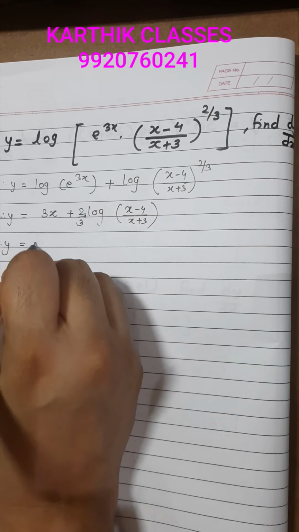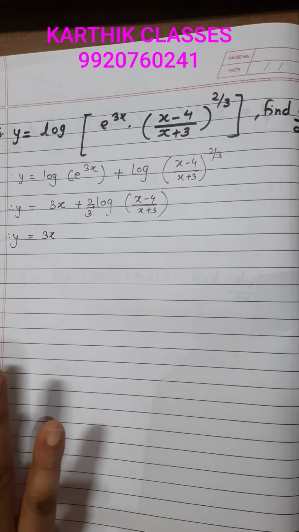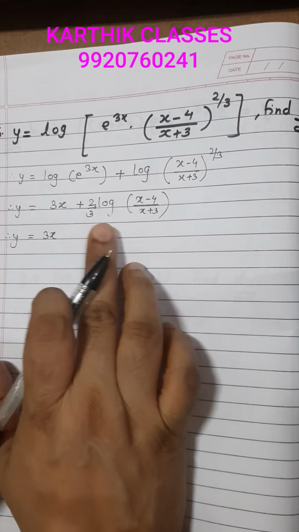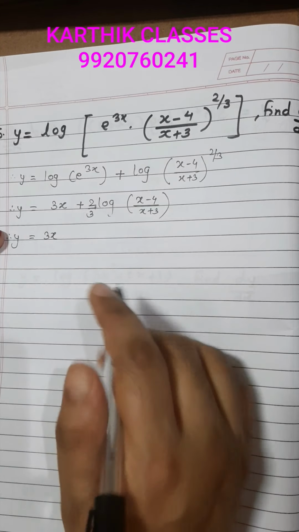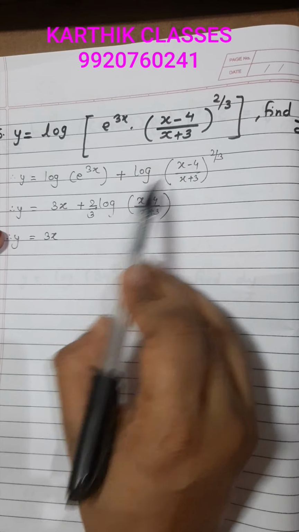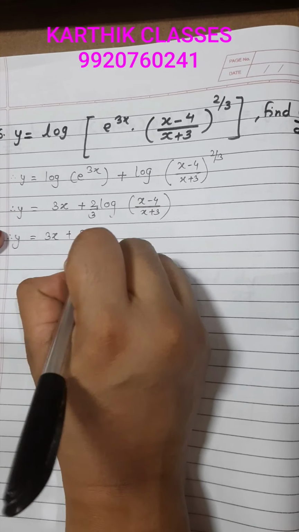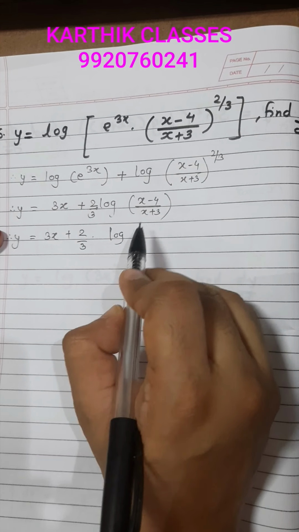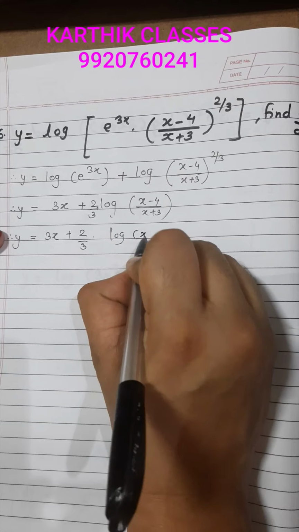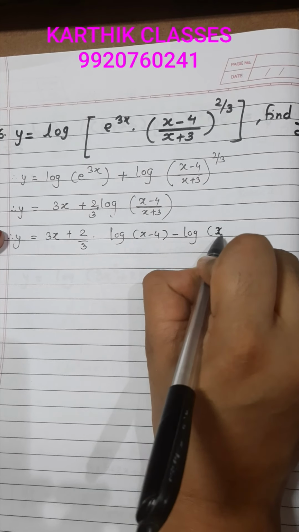So just see, I have not yet started differentiation. This is just simplification. Some numericals need simplification steps. Here the index comes down, and log of this we have to solve further. See, log of a by b is log a minus log b. So we will do it this way, minus log of x plus 3.